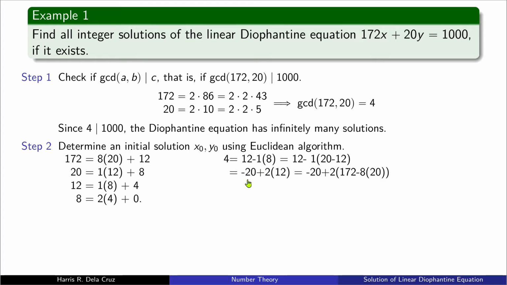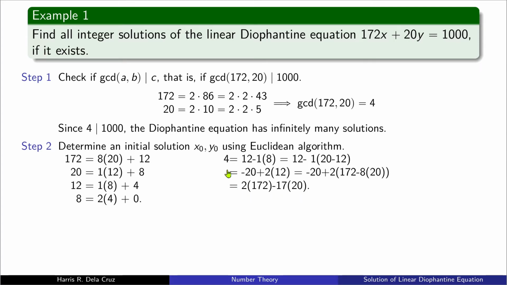So we have negative 20 plus 2 times 12. But using the first equation, 12 is equal to 172 minus 8 times 20. So we substitute that here, and we have 2 times 172, and then 2 times negative 8 times 20. Adding that to another negative 20 here yields 2 times 172 minus 17 times 20.